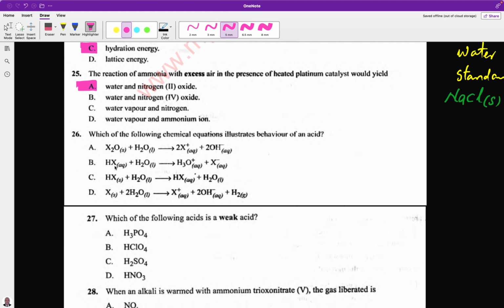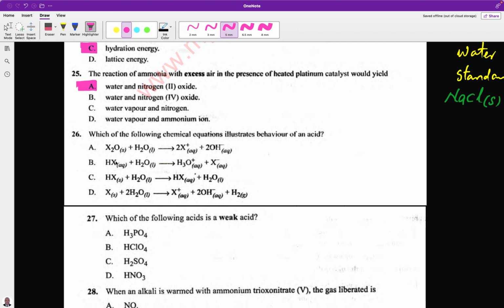B, let's take this to be hydrochloric acid. Dilute hydrochloric acid in water. I said an acid is a proton donor.